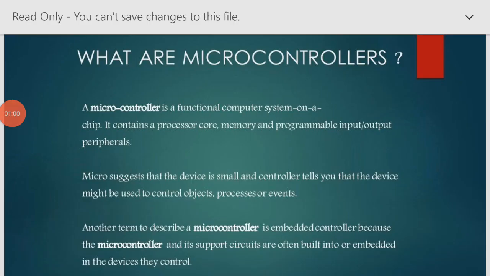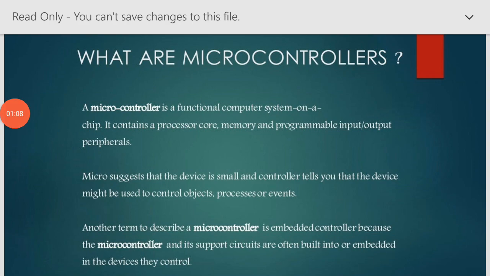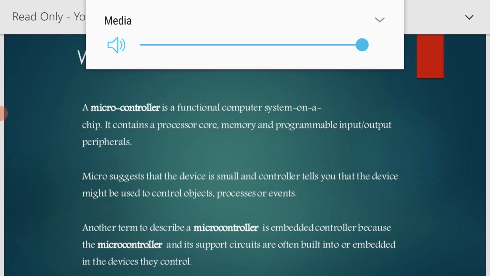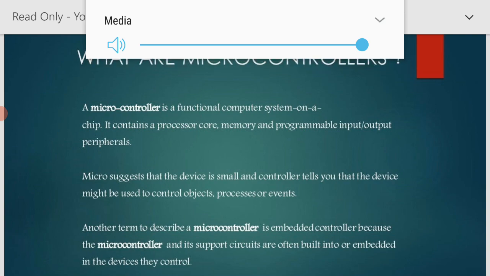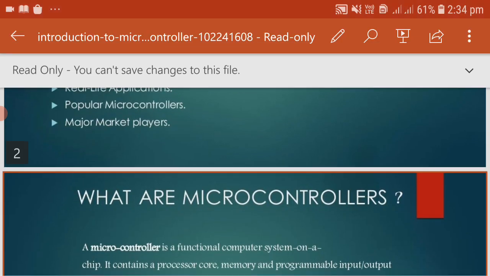Micro suggests that the device is small, and controller tells you that the device might be used to control objects, processes or events. Another term to describe a microcontroller is embedded controller, because the microcontroller and its support circuits are often built into or embedded in the device they control.